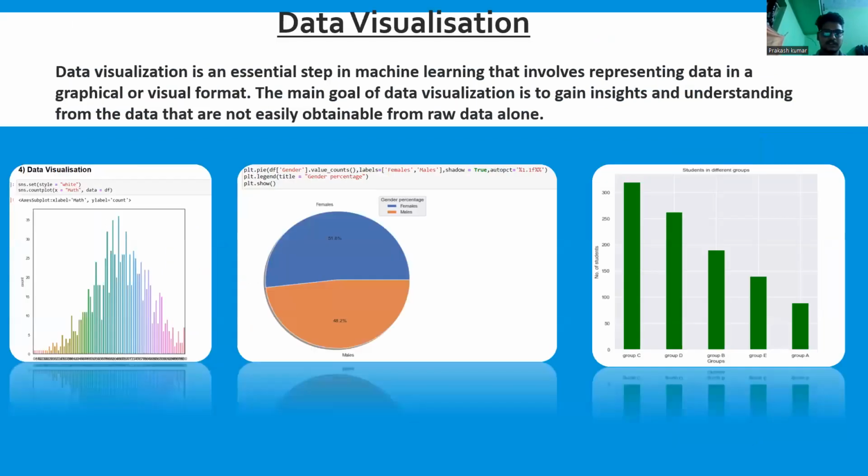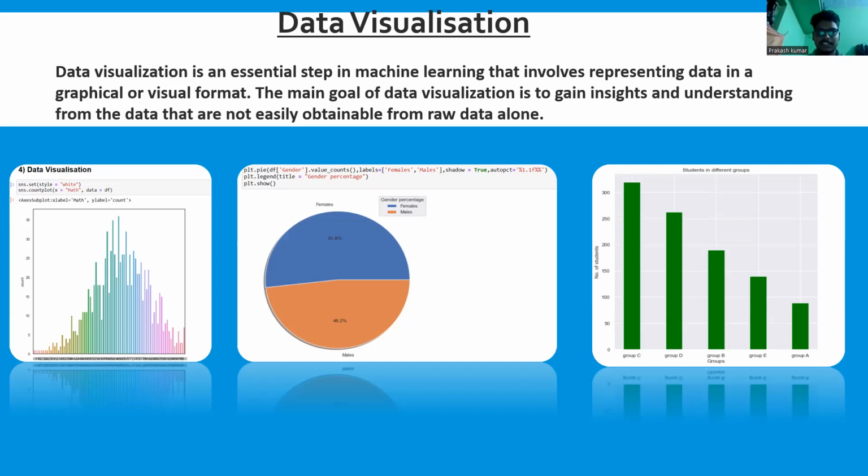After that, I have done the data visualization part. It is an essential step in machine learning that involves representing data in graphical and visual format. The main goal of data visualization is to gain insight from the data that is not easily obtainable from raw data.